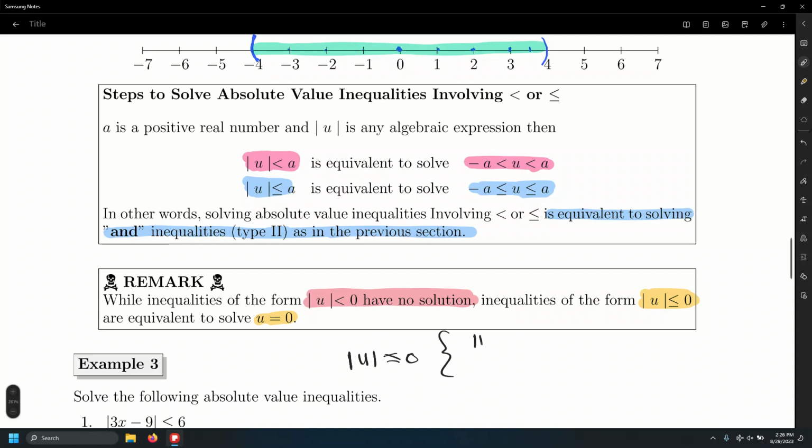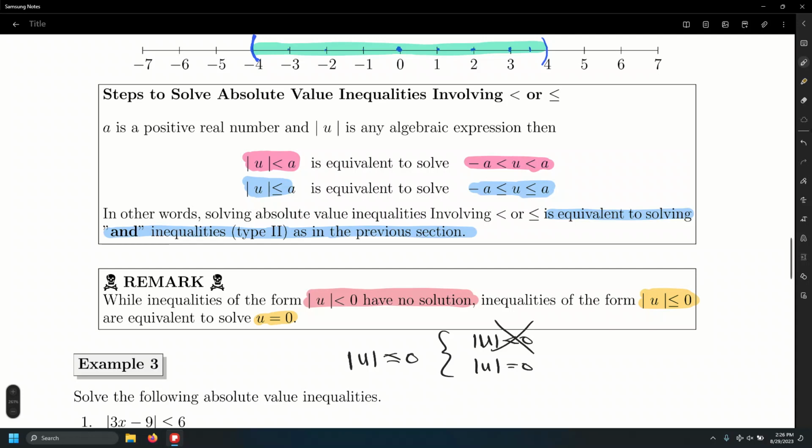Either the absolute value of u less than 0 or the absolute value of u equal to 0. We already discussed that there is no solution for that. So really, the only alternative is to take the absolute value and solve it for equal to 0.